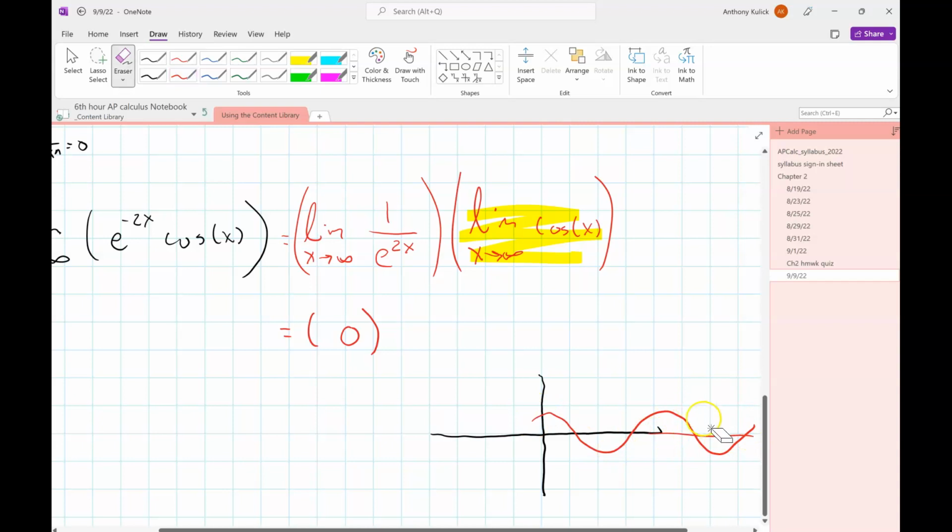Yes. The actual limit as x approaches infinity of cosine x does not exist, because we're always oscillating back and forth between those two values. But the point is that that's finite. It's not going to infinity or negative infinity. That's the piece that we need to say, then we do get 0.